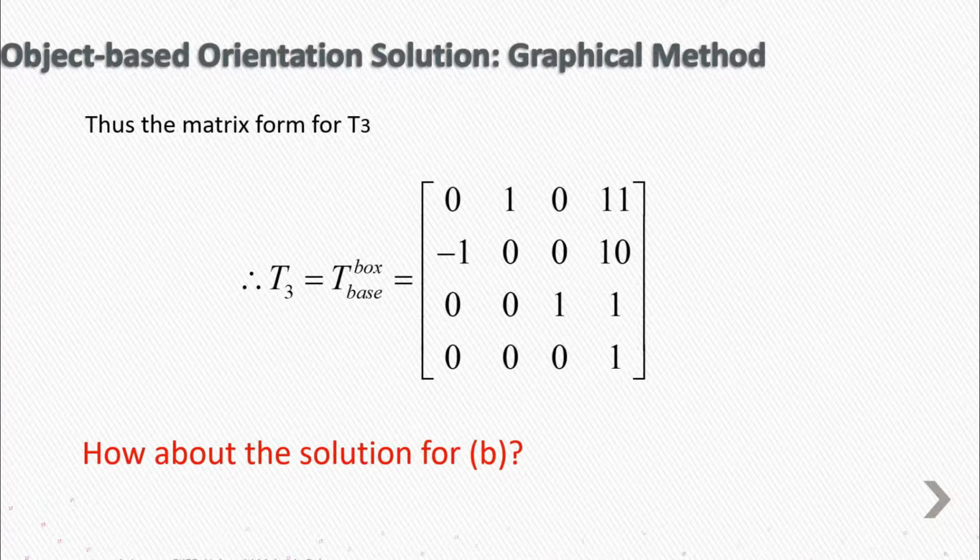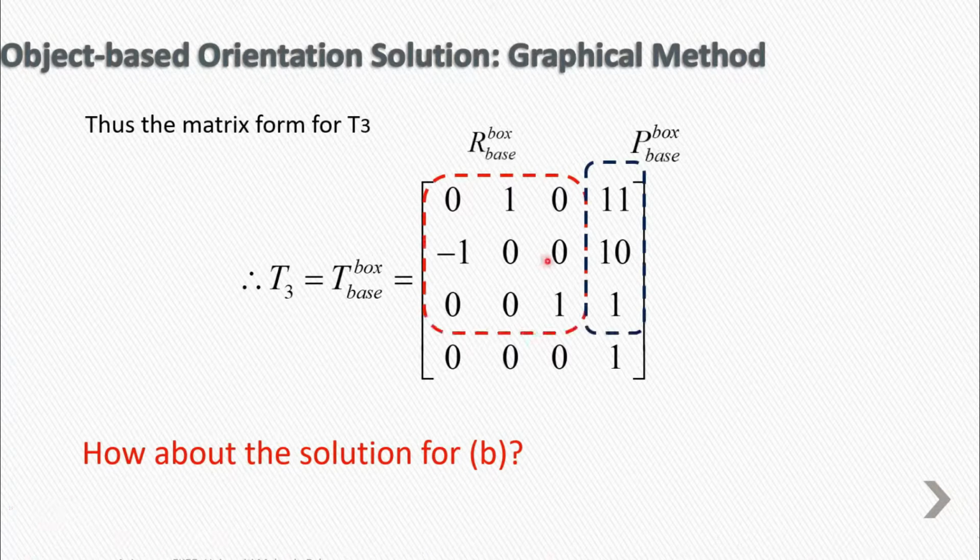Okay, so lastly we can summarize that the matrix orientation for the box with respect to the robot base can be determined with this matrix, which is base to box at this area, and position vectors at this area. The matrix value is the same as the calculation method, but it takes a few more steps compared to the calculation method.